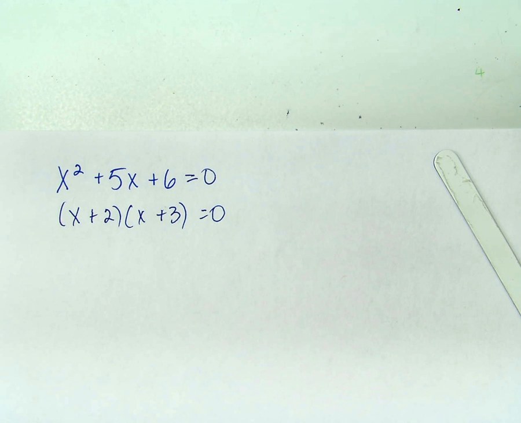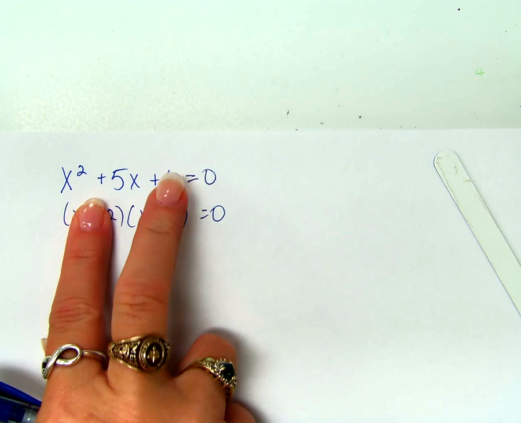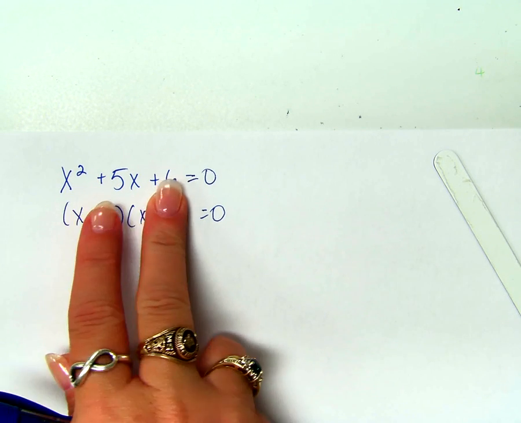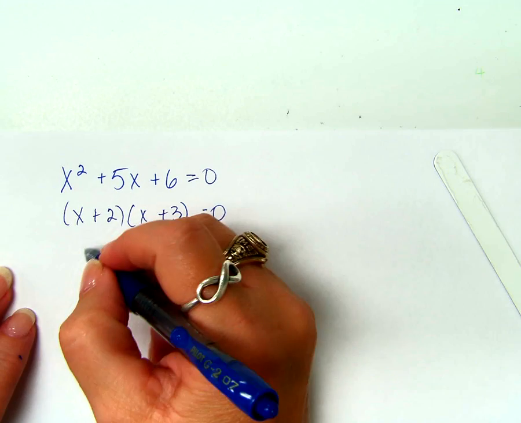Okay? If I have 2 random numbers that multiply together and the answer is 0, what has to be true about one of those 2 numbers? It has to be 0. So that means if I have this number right here and this number right here, and they're multiplying together and the answer is 0, what has to be true about one of these 2 numbers? It's 0. I don't have to decide which one is 0. I just think maybe they both are.